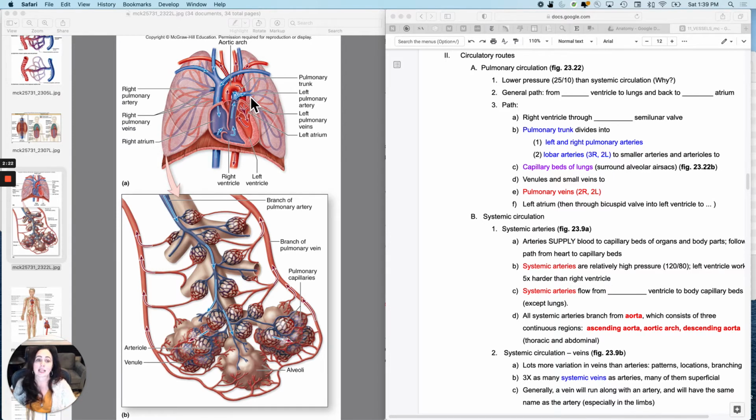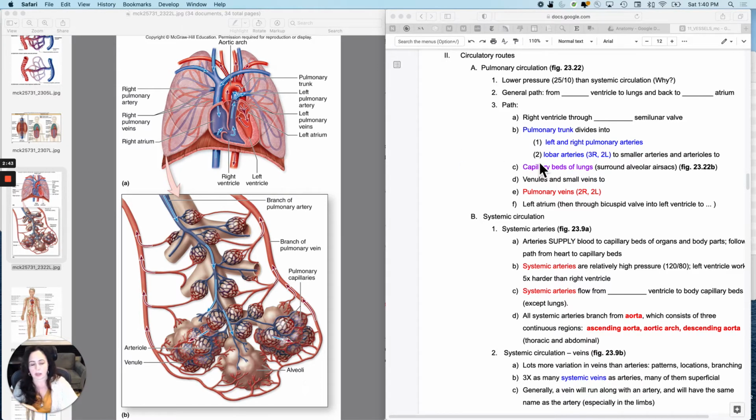So the left ventricle generates way more pressure, and it also needs a lot more energy and nutrients than the right ventricle. So the general path, again, for pulmonary circulation is from the right ventricle to the lungs and then back to the left atrium.